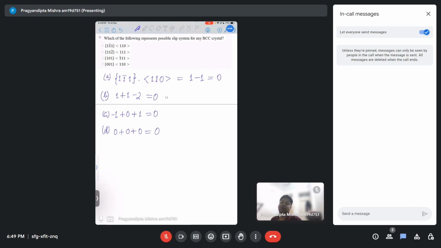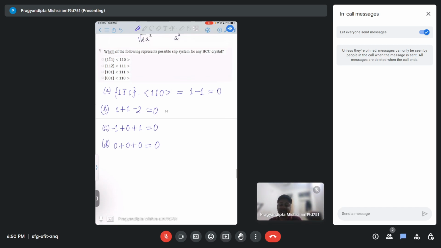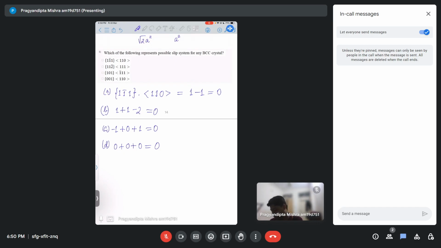So now we have to check the second condition, whether it is the closely packed plane. Now how do we check for closely packed plane? So we have to check for BCC crystal which are the closely packed planes and closely packed direction. So we know that 110 is not a closely packed direction, right?